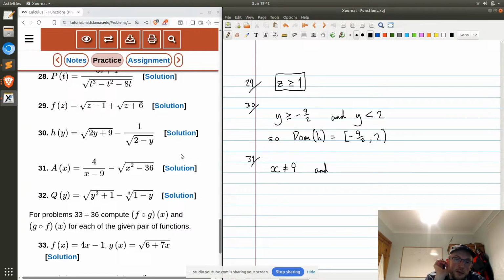And so x squared has to be greater than or equal to 36. And so x has to be greater than or equal to 6. Oh, right. Okay. Yeah, I get it.